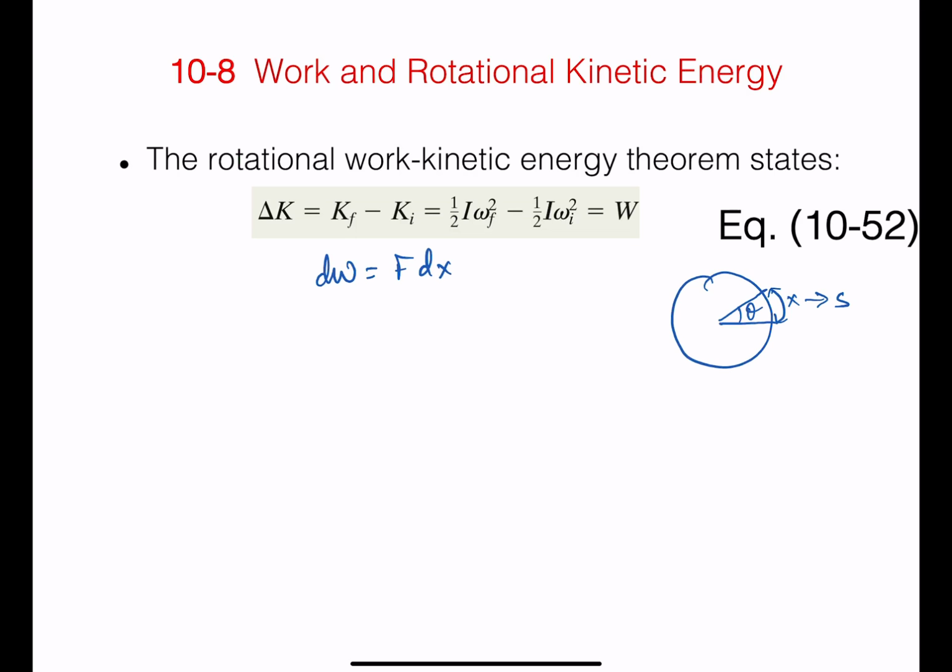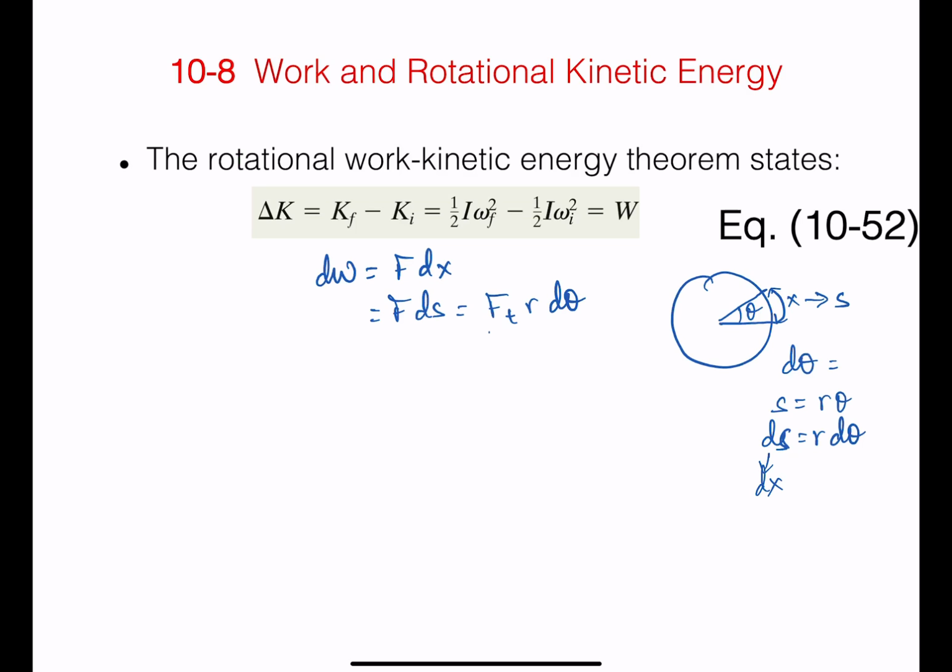This is your theta. s equals r times theta, so ds is r times d theta. So dx is replaced by ds, and your work becomes F_t ds, which equals F_t r d theta.